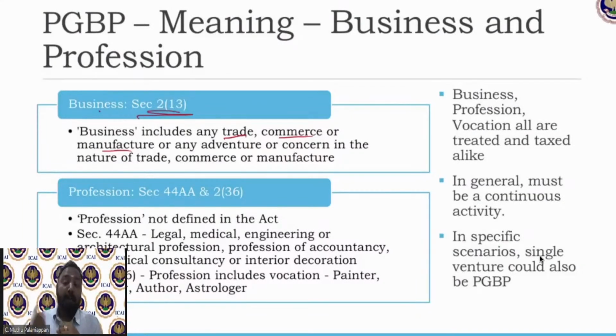Apart from this, it is any activity that includes an adventure concerned in the nature of trade, commerce, or manufacture. Being a definition, it has been put out in a detailed manner.